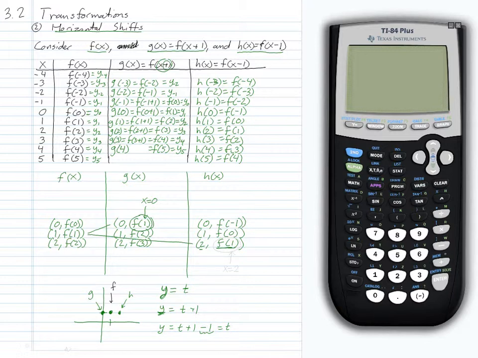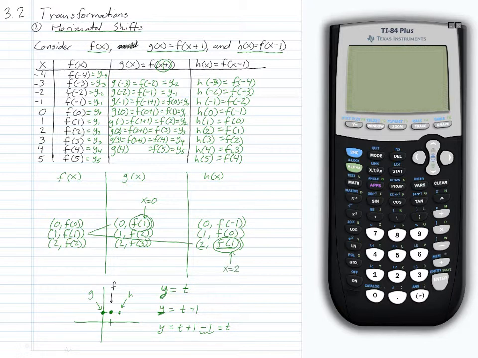We need a smaller x value in order to achieve the same y value because we are augmenting the x value inside. On the other hand, for the function h of x, if I would like to achieve a height of f of 1, well, my function h involves plugging x minus 1 into f. So I have a smaller quantity. I'm subtracting 1 from the input, so I need a larger input to achieve the same output.